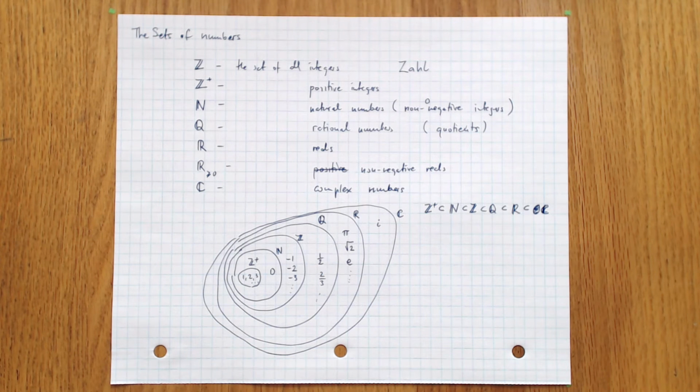Zermelo-Fraenkel set theory, ZFC, if we add the axiom of choice, can be considered a foundation of mathematics because not only numbers, but almost all mathematical objects can be represented as sets.